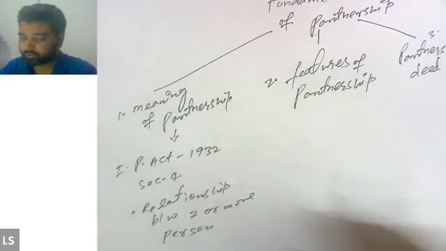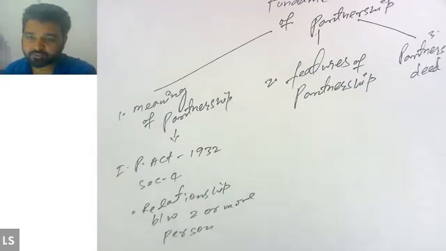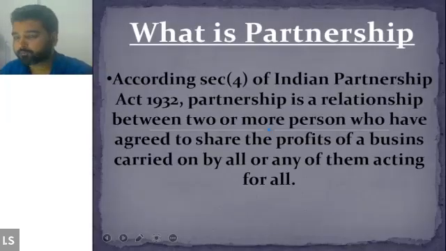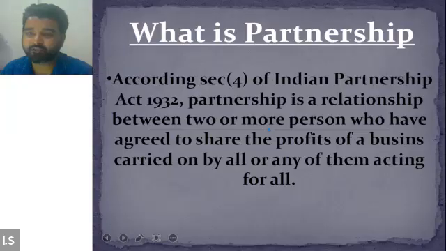All right, is that clear to both of you? The meaning of partnership is clear? Yes, sir. So partnership has been defined under Section 4 of the Partnership Act 1932. It says that partnership is a relationship between two or more persons who are joining together to do a business, and they have agreed to share the profits of that business.